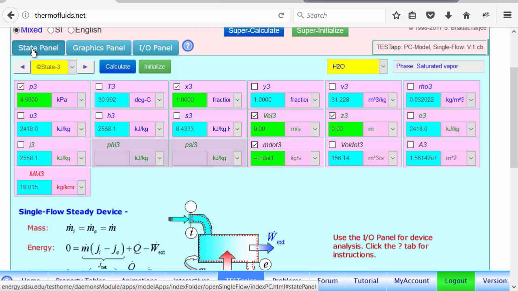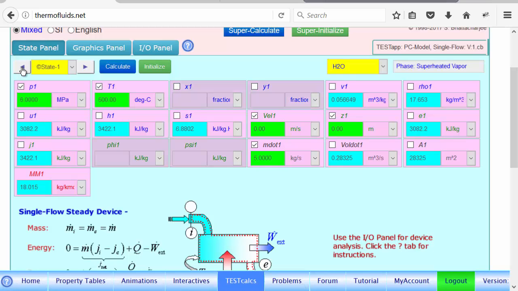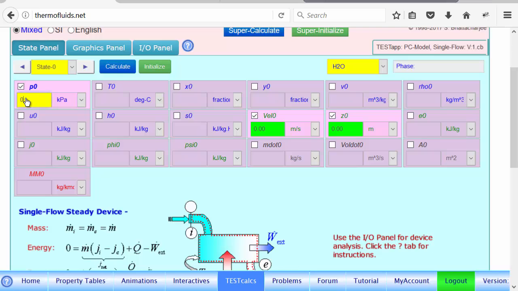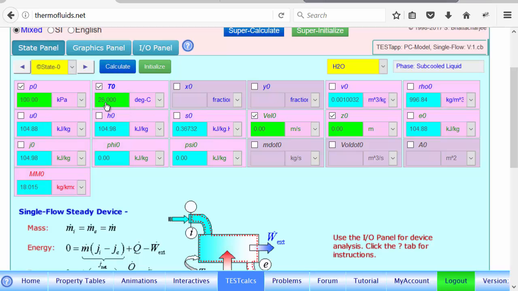To find such exergetic efficiency, all you have to do is go back and find the dead state. Suppose the outside ambient pressure is 100 kPa; the ambient temperature, you have to know the ambient condition. Once you know state 0, the dead state, notice that psi, the flow exergy, is calculated.